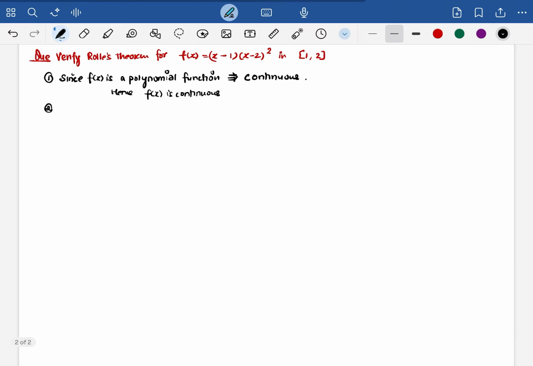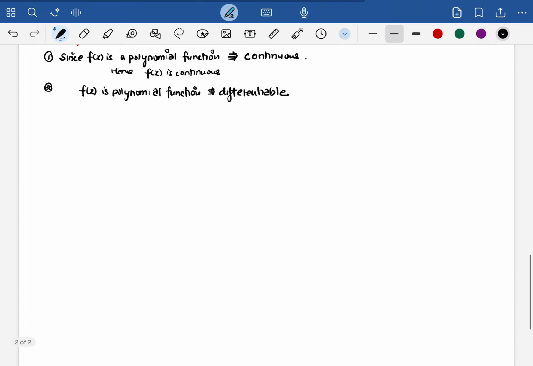Let's talk about the second point. We also note that f(x) is a polynomial function, and a polynomial function is always differentiable in the given range. So the first two conditions are satisfied.